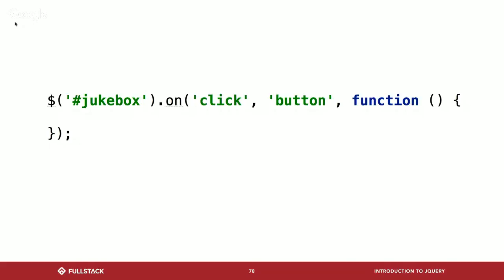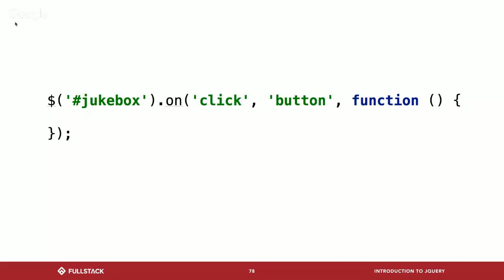You're not going to want to have to go up to the parent element and do it this way. When things are being dynamically added to the DOM, this is the way that jQuery solves this problem. Any questions about that?